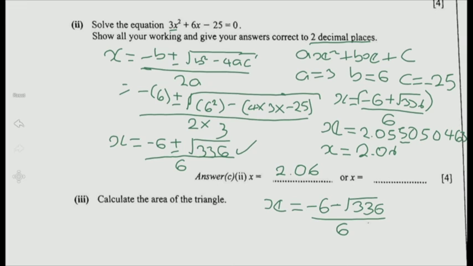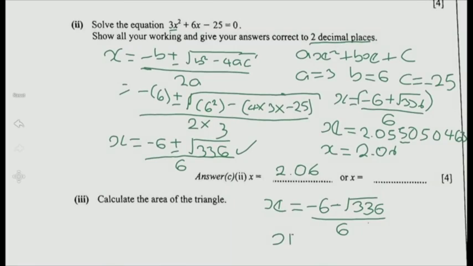Once again, you'll get a full calculator display, but rounding it off to 2 decimal places, you should be able to get x equal to negative 4.06.